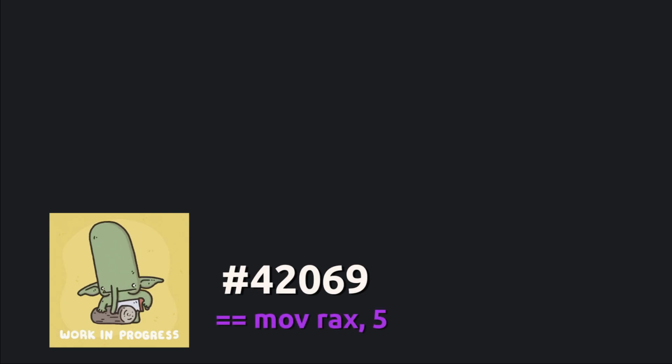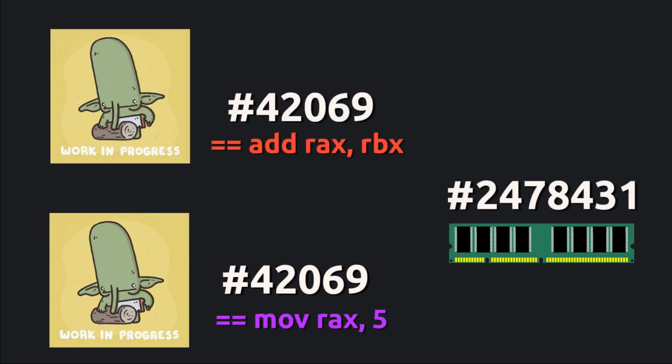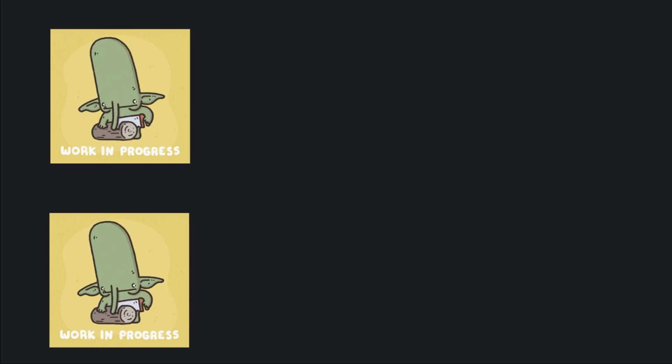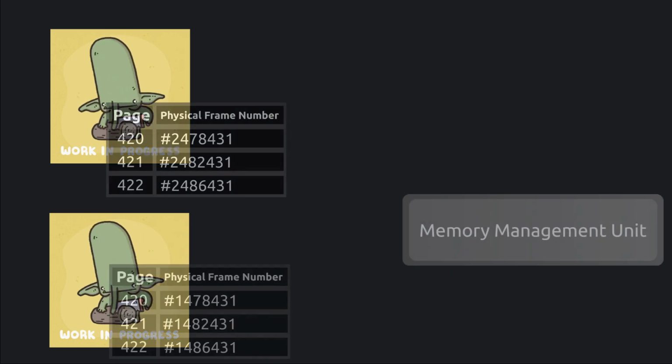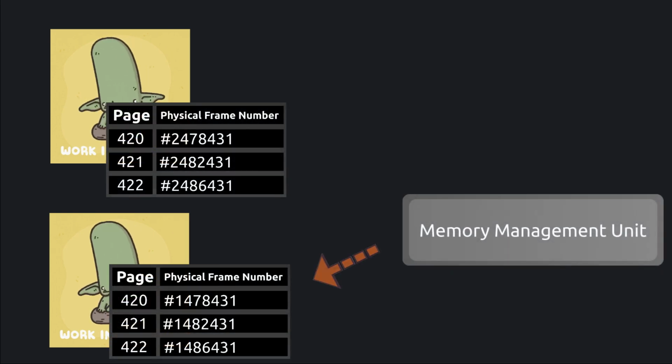You may have noticed that the new process could potentially use the same virtual addresses as the old process. So why does the new process virtual address not point to the physical address of the old process? Well, this is solved by pointing the memory management unit to a specific page table.